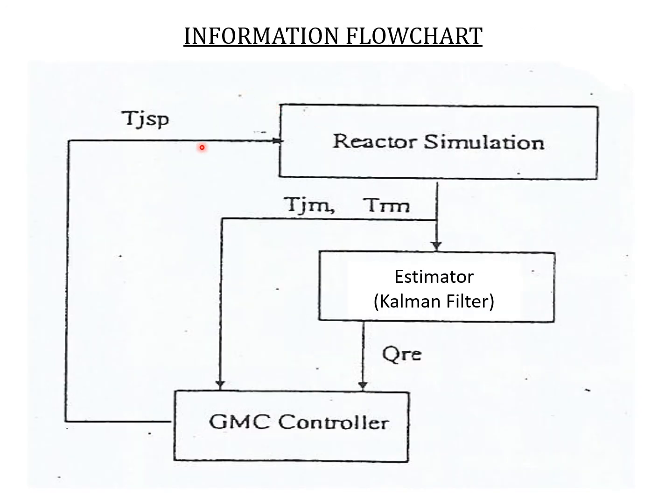And again, the information flowchart: we have TJ and TJM measured, we have the Kalman filter to estimate the heat release Q, put into GMC, and then get the TJ set point, which I said is the actual manipulated variable. Then by controlling the TJ, we can get it to follow the TJ set point.